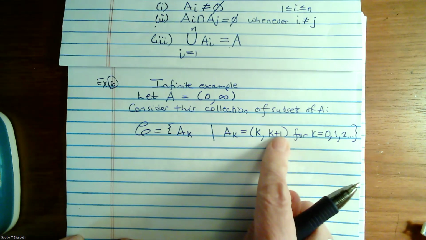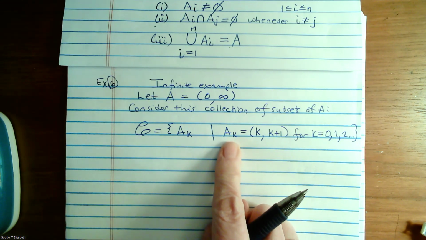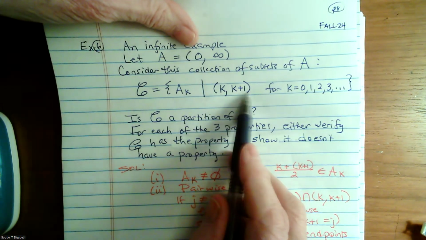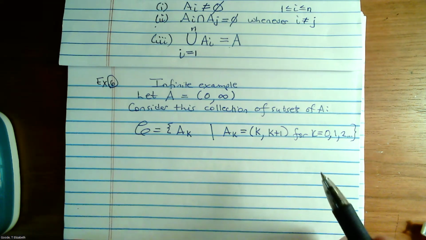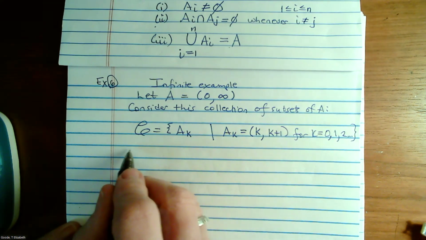I forgot to put this. I'm going to have to replace that page of notes tomorrow. I think the notes just says A sub k such that this, so this should be an equal. Anyway, there it is, corrected for you. All the typos get corrected by the time you see the notes.